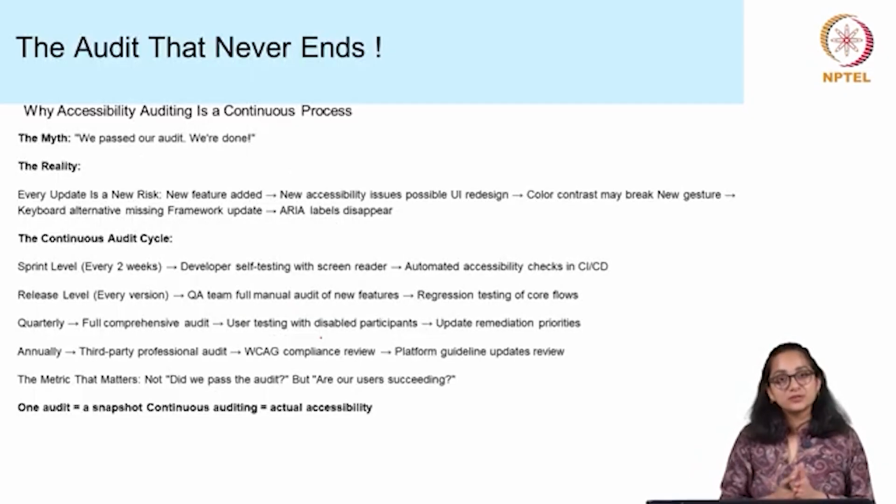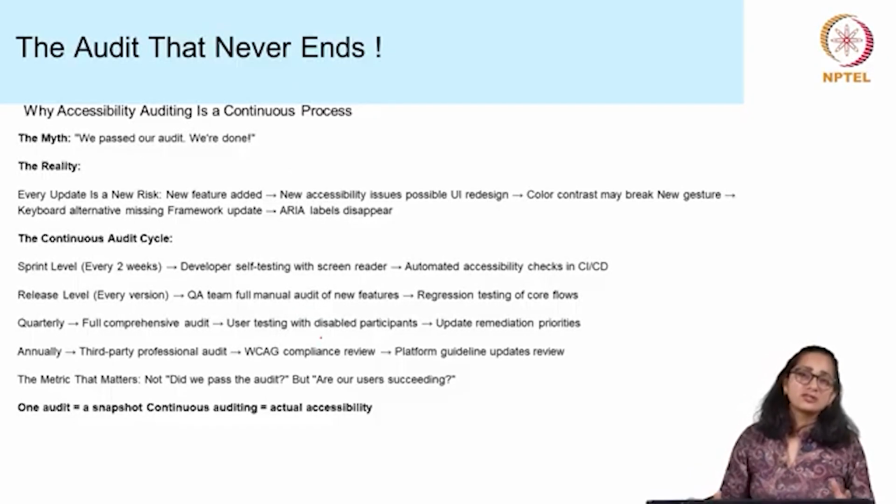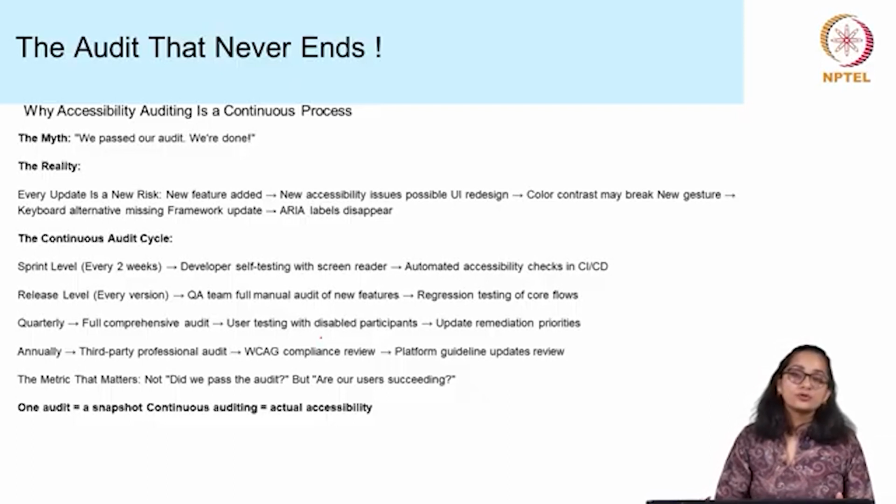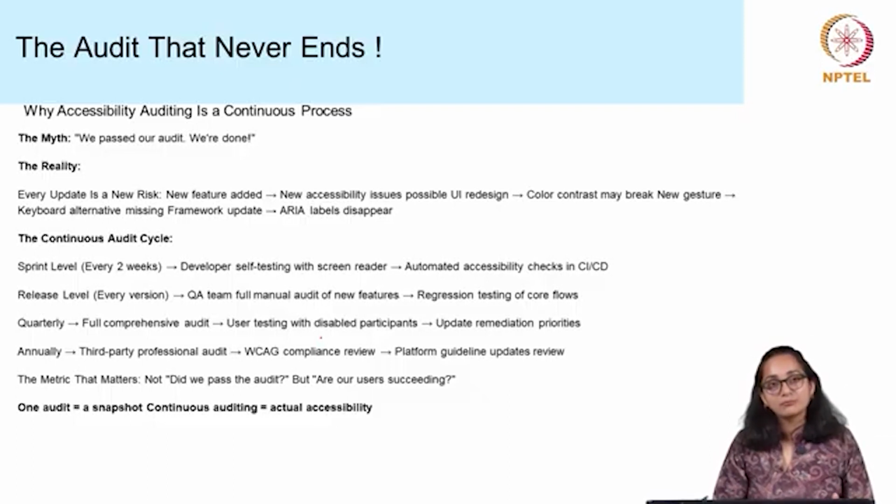While there are frameworks and tools, and we are talking about different aspects of auditing and accessibility testing with automated tools and manual processes, it is actually a never-ending process.